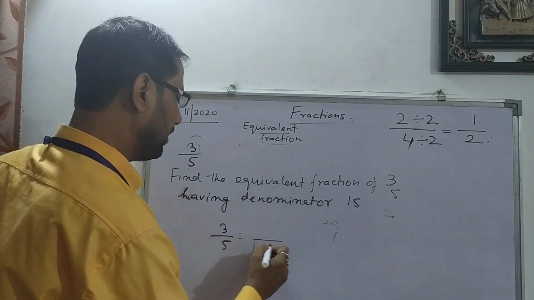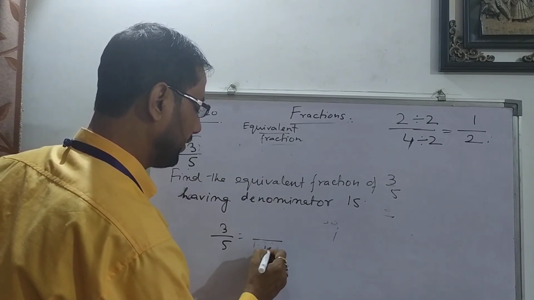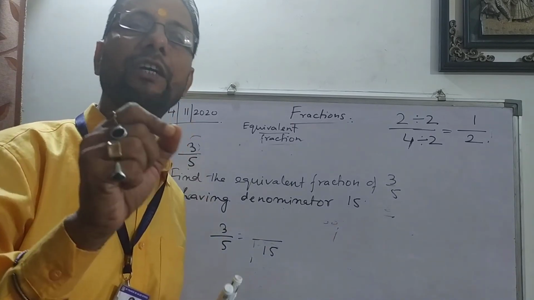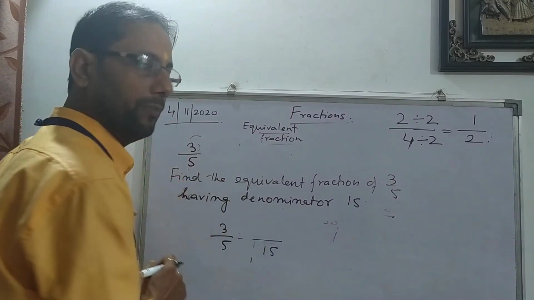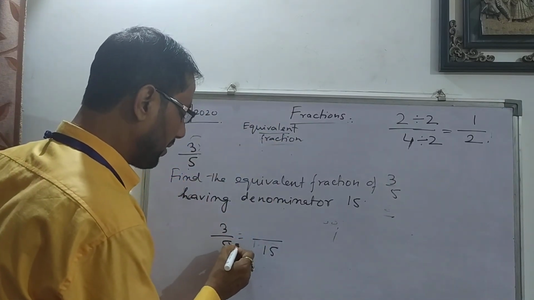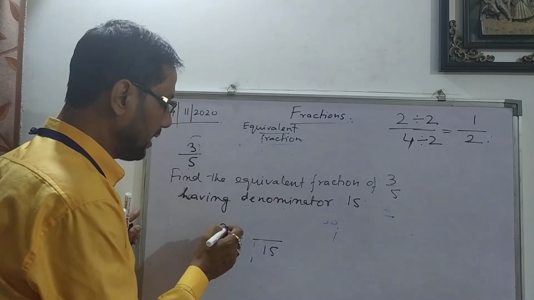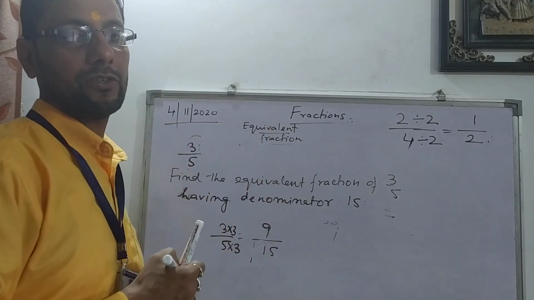Same as we have done in the previous question. The denominator is given as 15, so you have to find the numerator. As we have discussed, 5 multiplied by 3 is equal to 15. So once I multiply by 3 here, I have to multiply by 3 here also. 9 by 15. This is the answer.